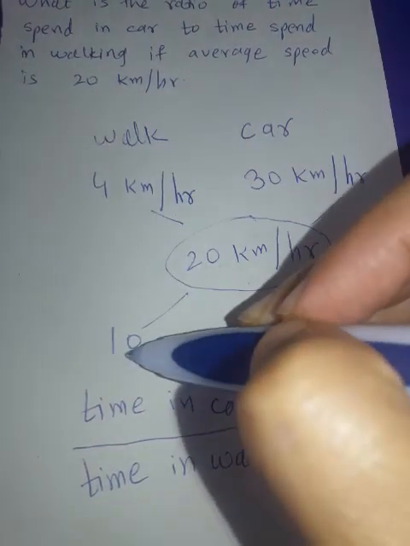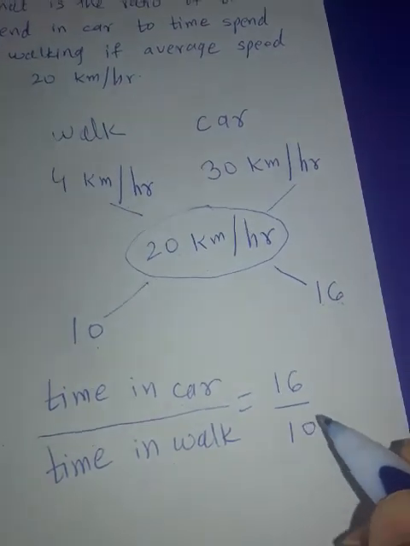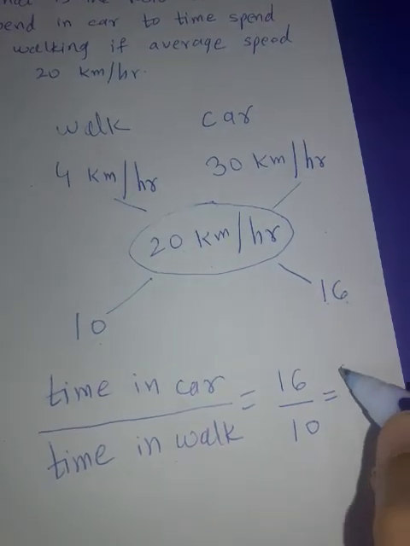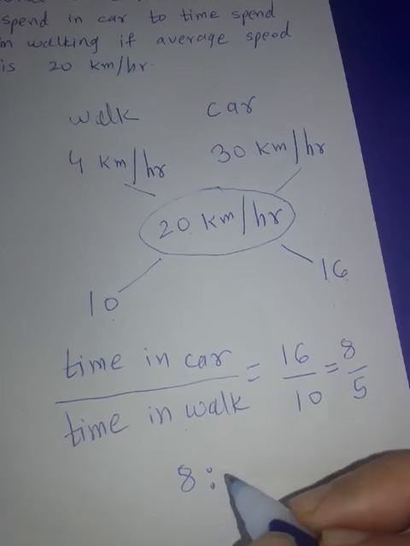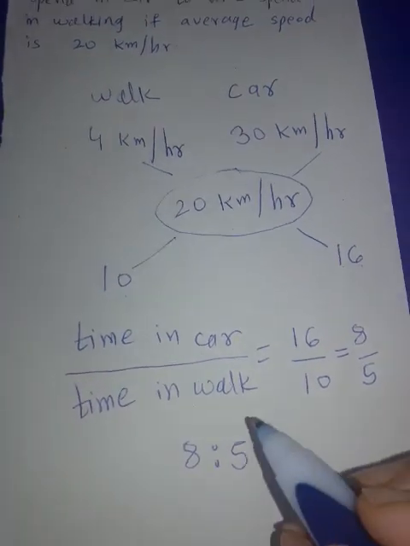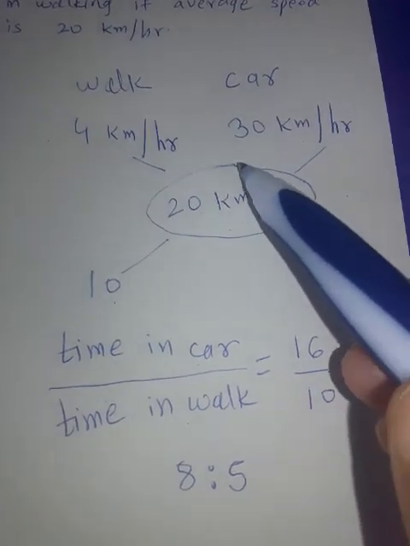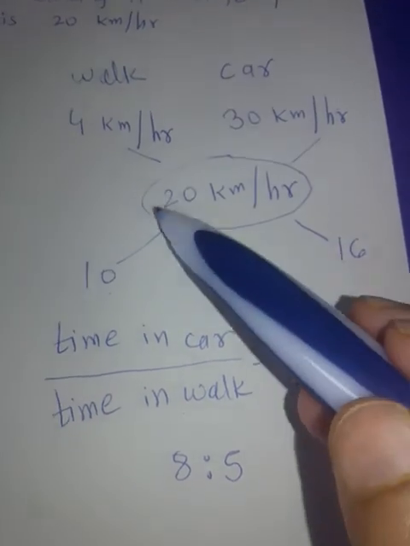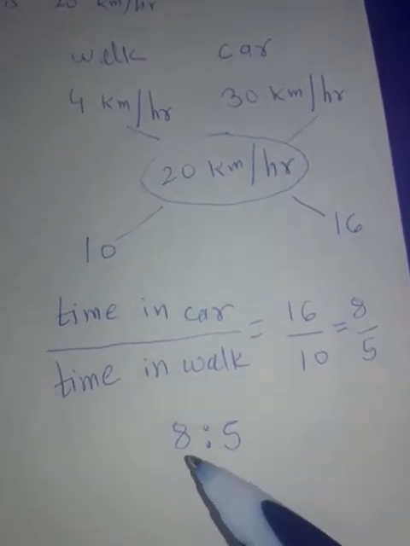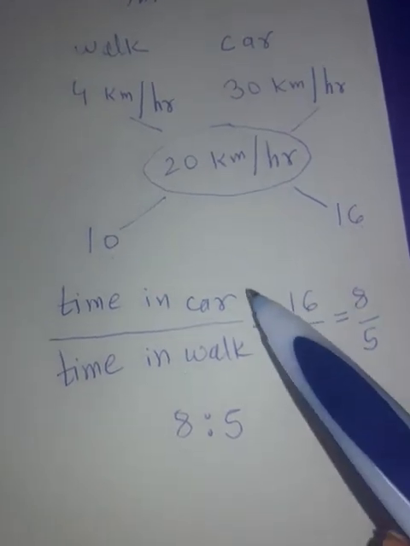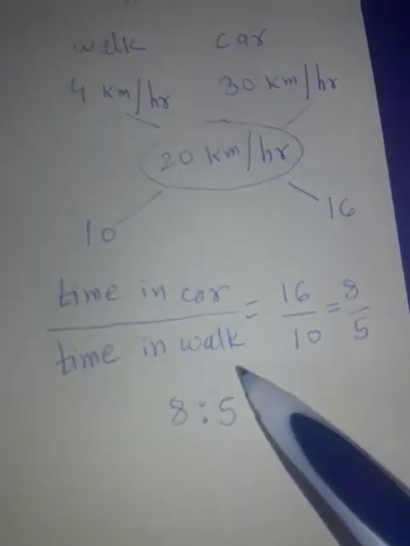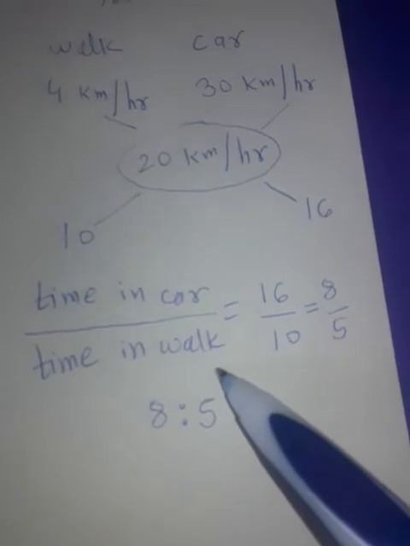Below walk which number is there? 10. 16:10. You can further reduce it. 2 8s and 2 5s are. So your answer is 8:5. That means for average speed to be 20 km per hour, he needs to spend 8:5 time ratio in car and walk respectively.